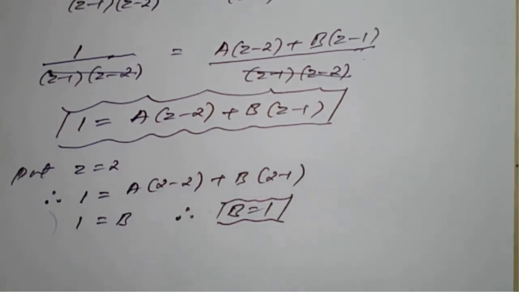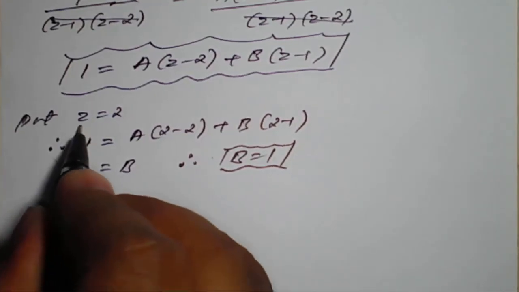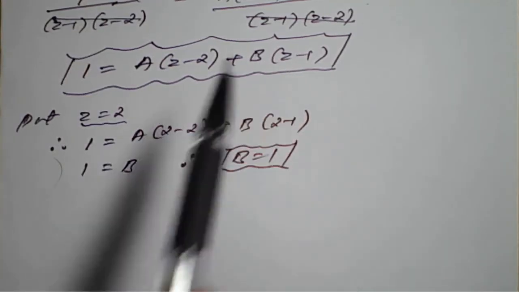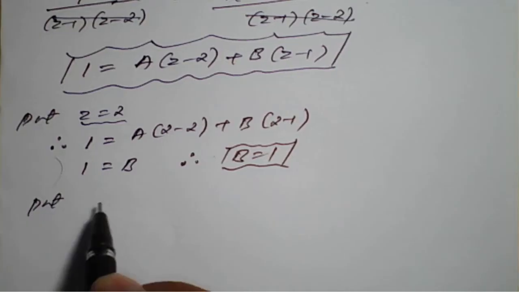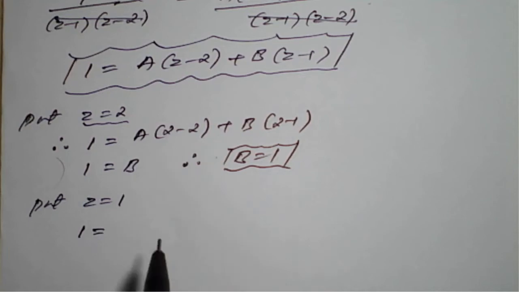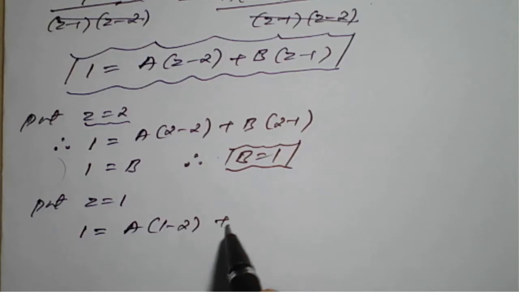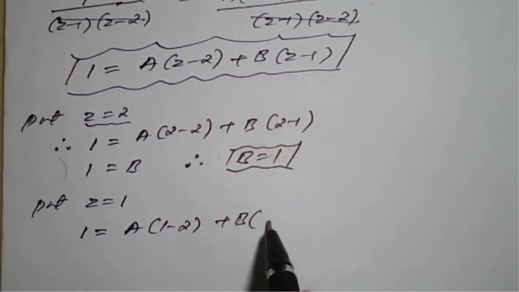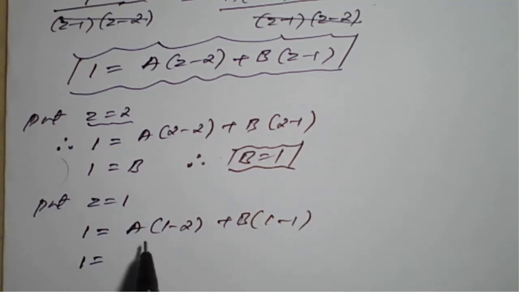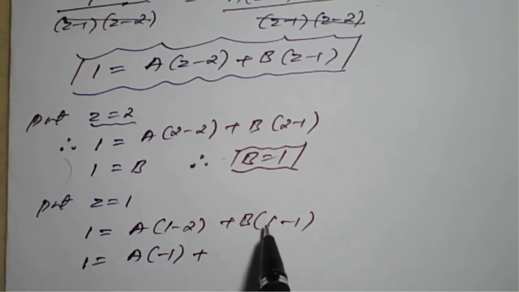Once we have the value of b, now we need to find a. We first put z is equal to 2. Now put z is equal to 1, so that b will become 0. So 1 is equal to a into (1 minus 2) plus b into (1 minus 1).